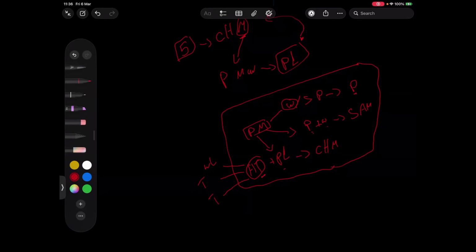Did you get it? So if they give you proximal muscle weakness plus weight loss, tachycardia, brisk reflexes, what are you going to think about? Chronic hyperthyroid myopathy.